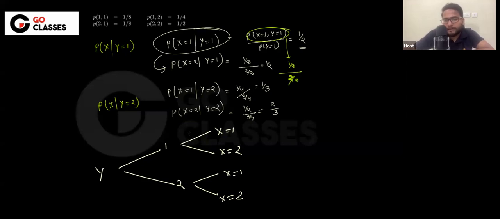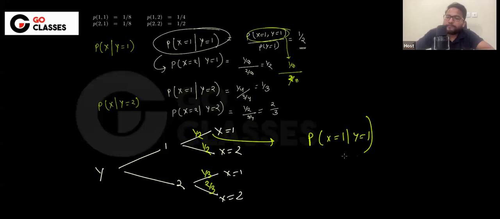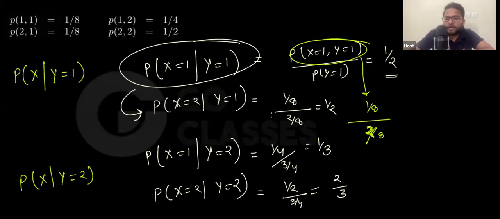So if I'm writing 1 by 2 here, then automatically 1 by 2 here. If I'm writing 1 by 3 here, then automatically 2 by 3 here, right? So this probability is given that y is already 1. What is the probability that x is 1? Like this also you can understand this. If you know one of the probabilities, then in the reduced sample space, you can find the other probability by just subtracting from 1.